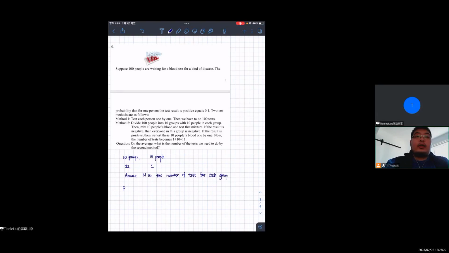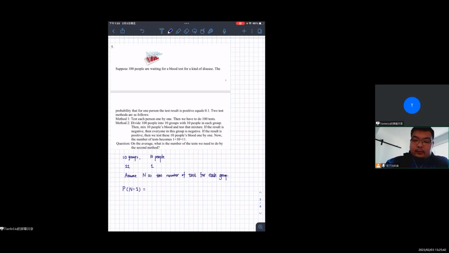Now we can find the probability for the tests. There are two possibilities. One is that we only use one test for that group, which means all the people are negative.